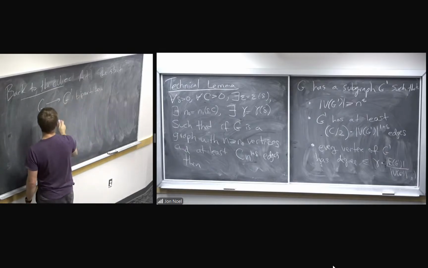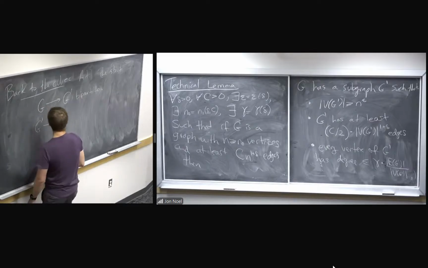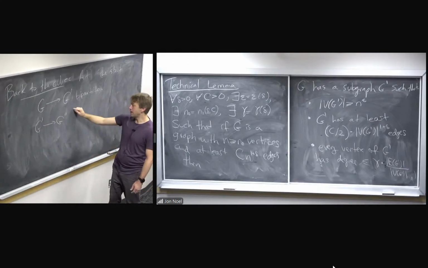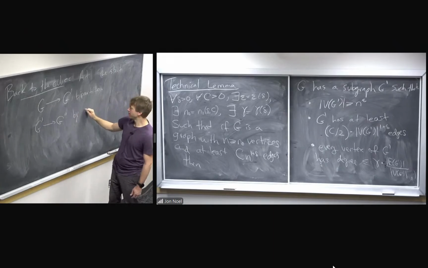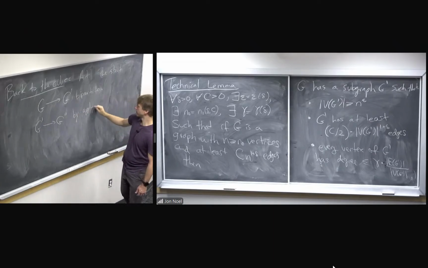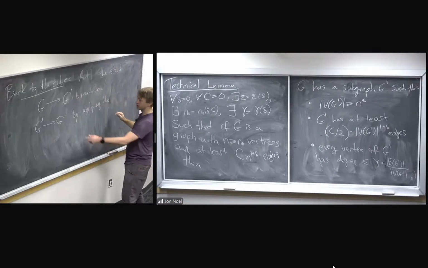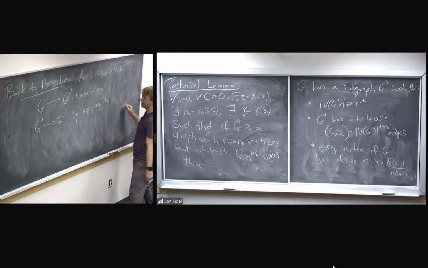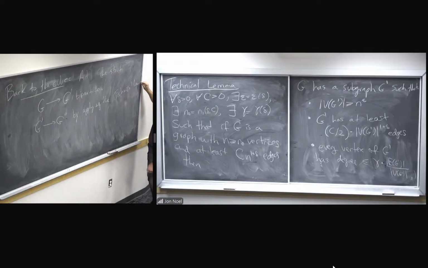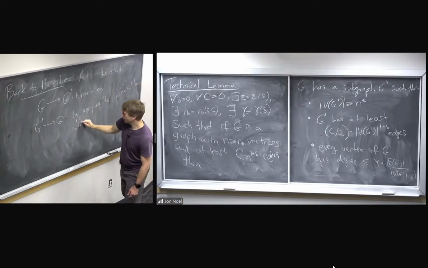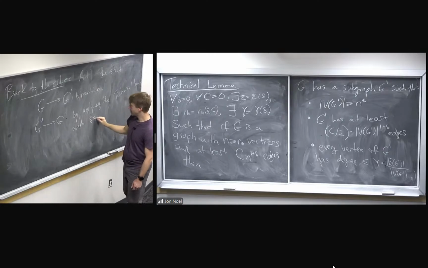And then we should go from G prime to a G double prime by applying the technical lemma. So this G double prime is like the G prime in the technical lemma, with my delta being 3 over 5.